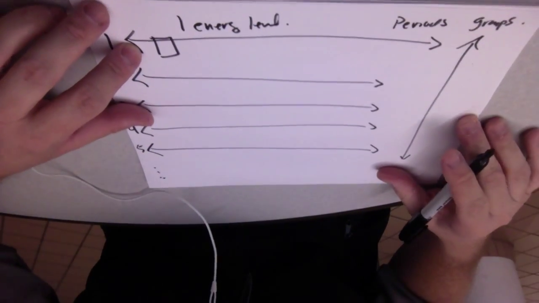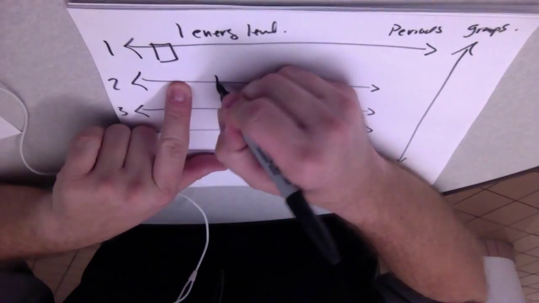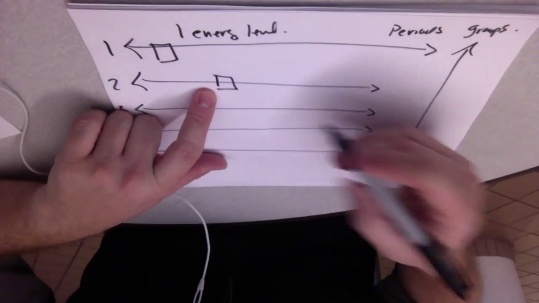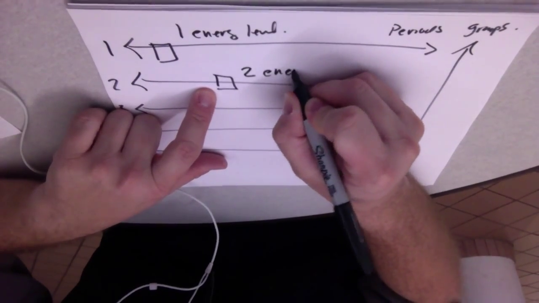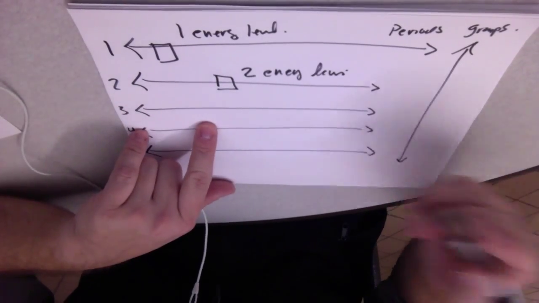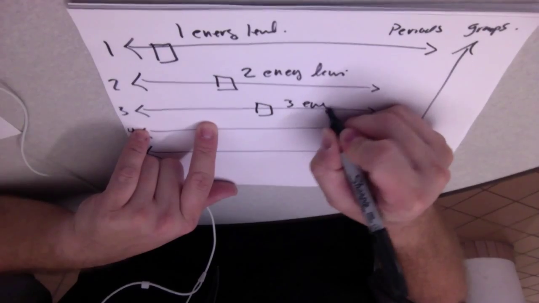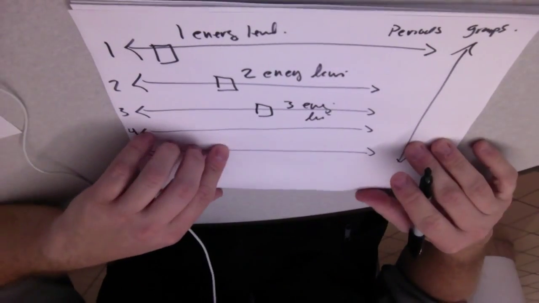The electrons in that element only occupy one energy level. However, if I have an element down here in period 2, there are 2 energy levels that electrons can exist in. In period 3, there are 3 energy levels that we can deal with.